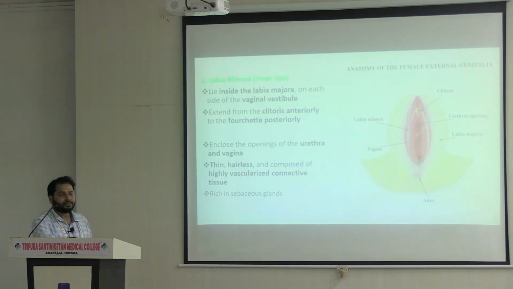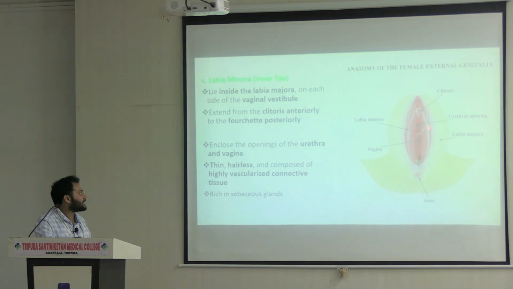Now, next part. This is also a part of the external genitalia called Labia Minora, which is also known as the inner lips. If you see the location of that inner lips or minora, it lies inside the Labia Majora. You can see this is the part, right?